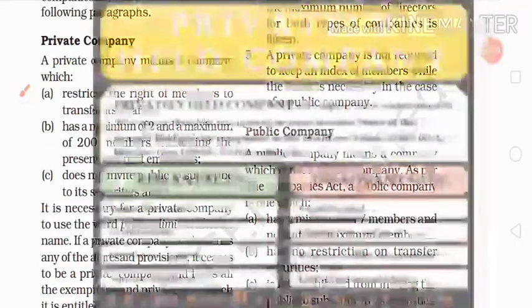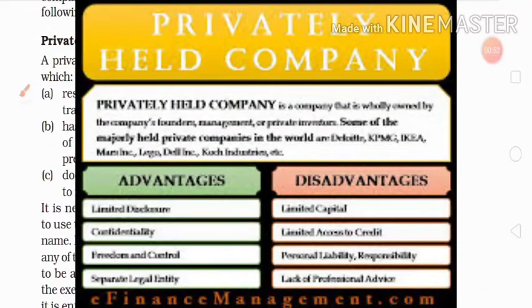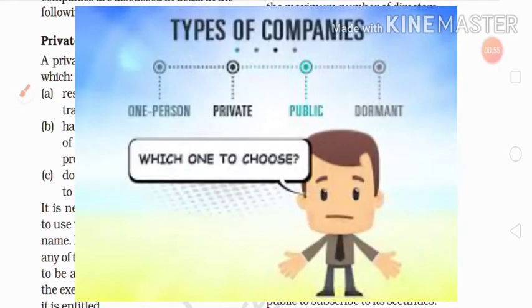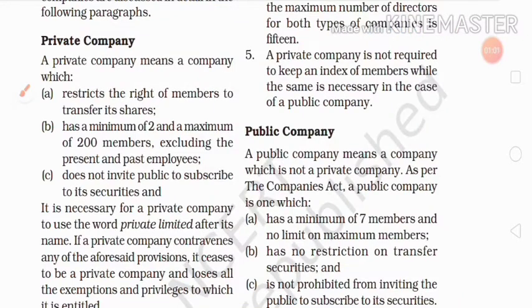According to the Companies Act 2013, a private company means a company which restricts the right of its member to transfer shares, which has minimum 2 members and maximum 200 members, excluding present and past employees. A one person company, that is OPC, can be formed with only one member.